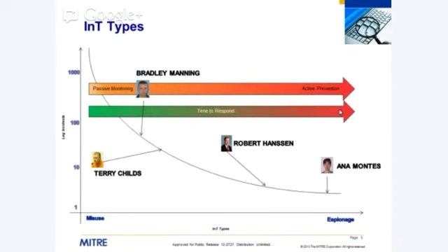We have a whole bunch of different insider threat types, from common misuse to network tampering, all the way down the line to espionage. Some of the hard stuff is Ana Montes, who would view documents, memorize them, take them home, and then send them over encrypted radio comms. That's the hard end of the spectrum. How do you catch someone who is spying for Cuba and is the lead Cuban analyst for DIA?